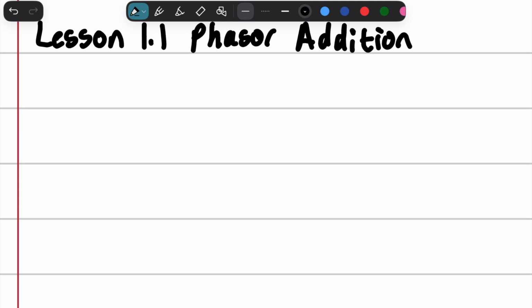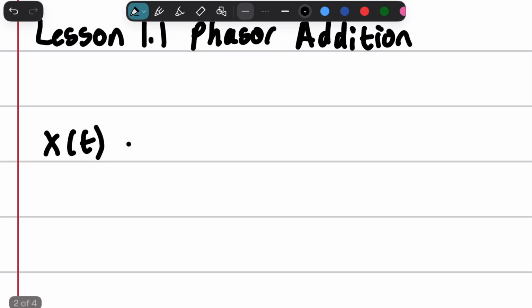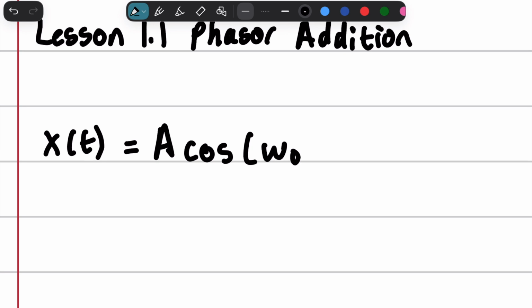And the classic definition for a sinusoid looks like this. This is the angular frequency, and this is the phase.